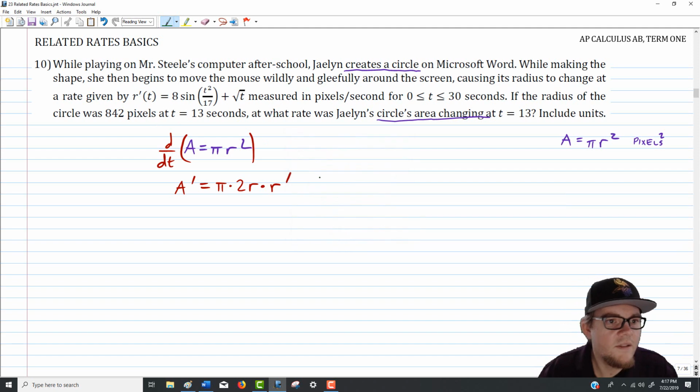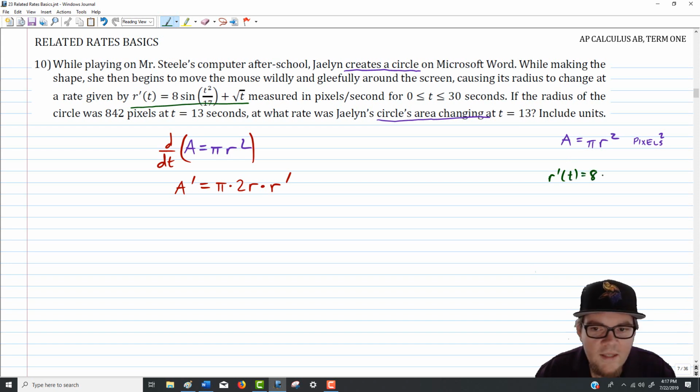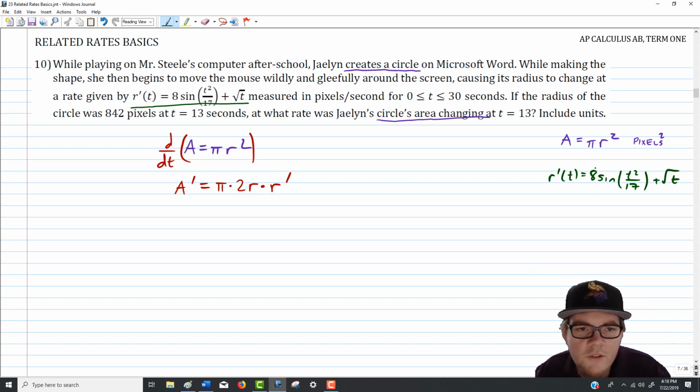So looking at some ingredients that I see, they give us this complicated expression for r prime of t. What is it? 8 sine of t squared over 17 plus the square root of t. So we've got a very complex modeled function to show how that radius was changing as Jalen moved the mouse up and down and changed the size of the circle.